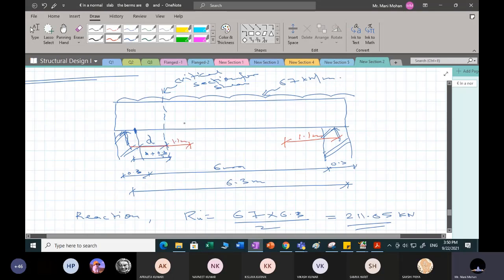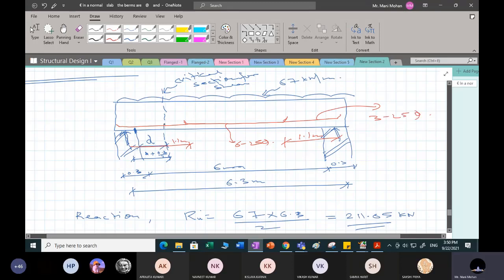So it means that in this zone, which I have made, you actually have 6 numbers of 20 dia bar. Now, if you curtail 3 bars, then near the support you'll have only 3 20 dia bar. So this we have to understand.